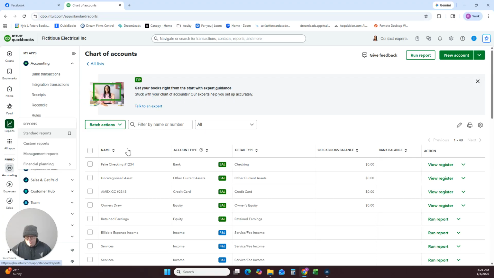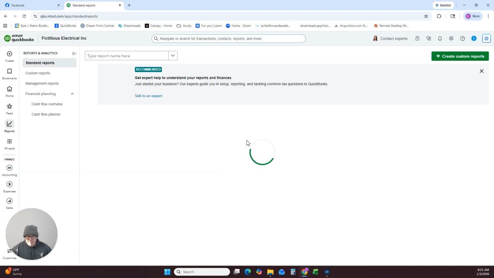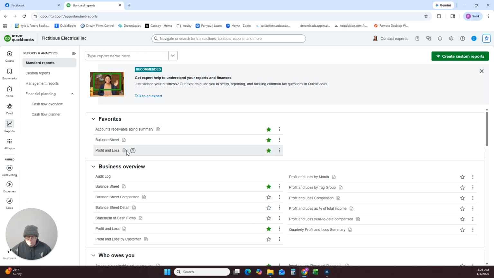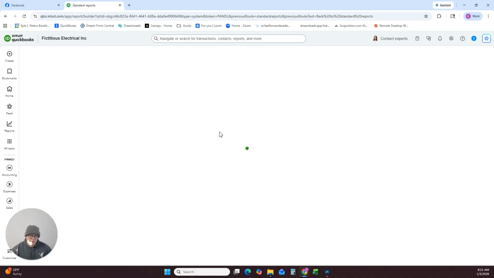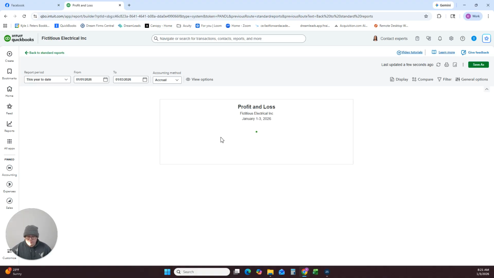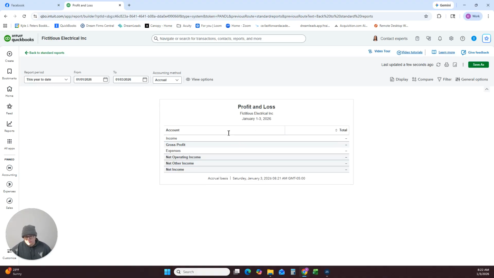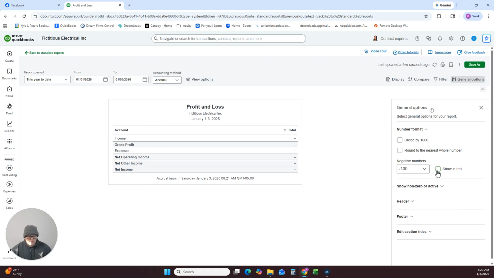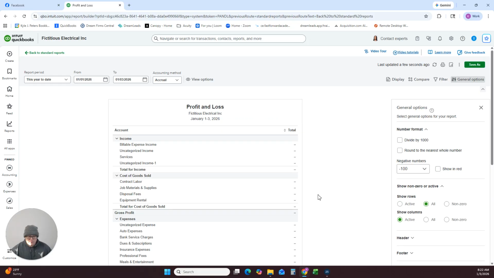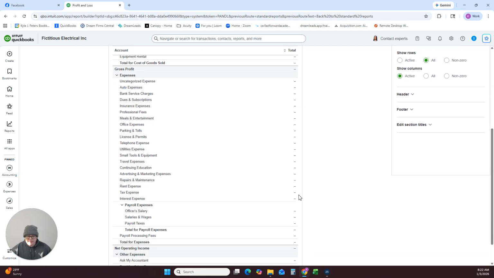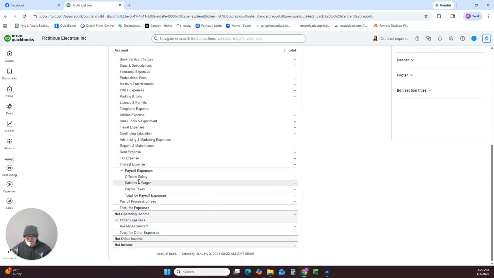And we'll look at that profit and loss one more time. So then you should be able to see, here's our payroll expenses, officer salary, salary and wages, and payroll taxes.